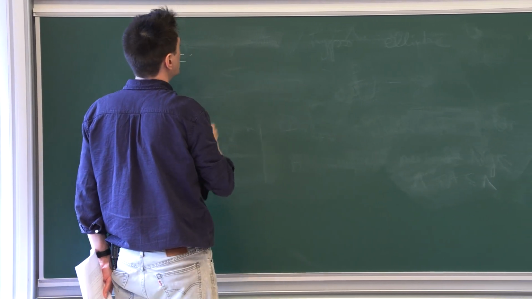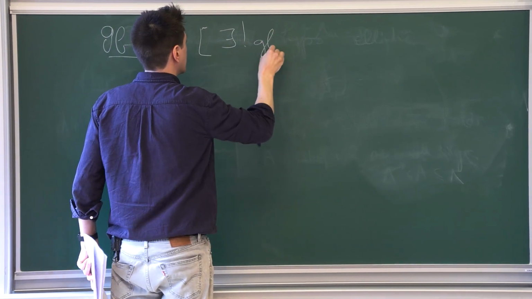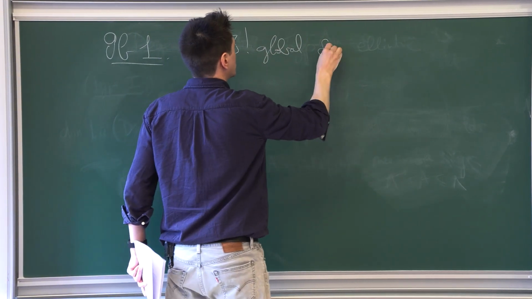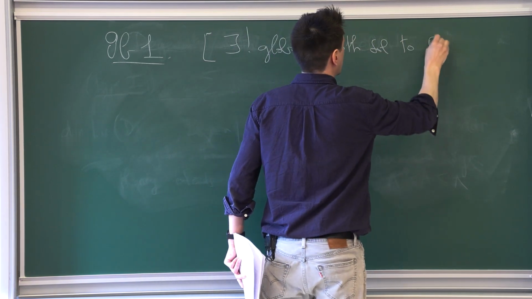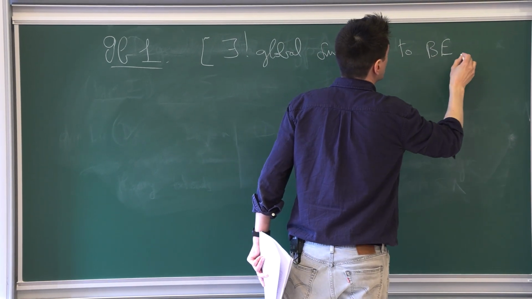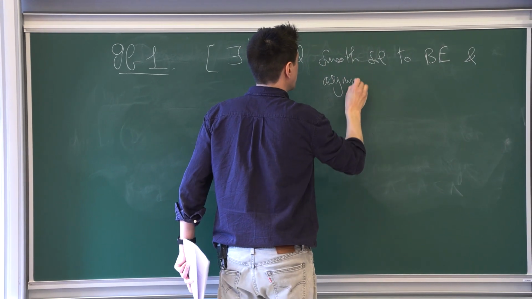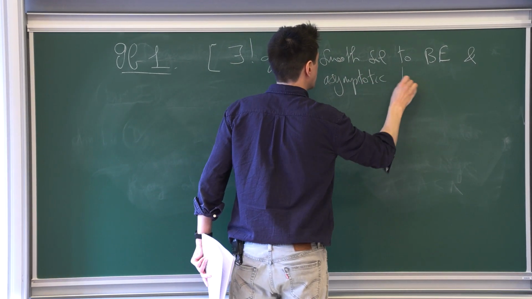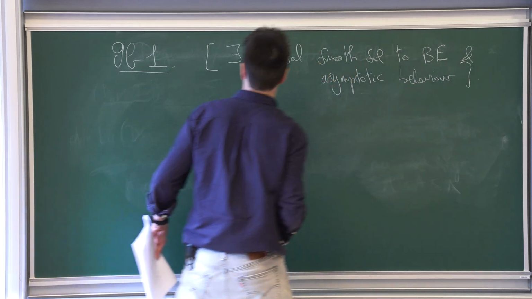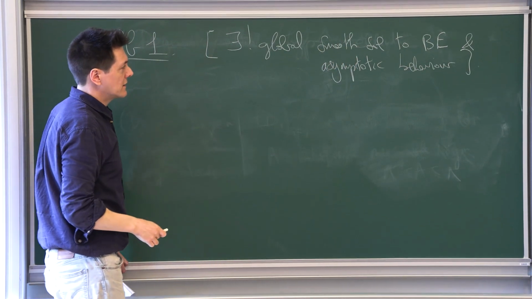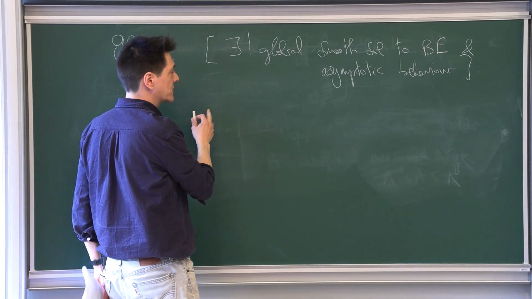Well, the full problem would be existence of global smooth solution to the Boltzmann equation and asymptotic behavior. But we are very far from that. Problem 1 may be more doable, and part of it now is solved.